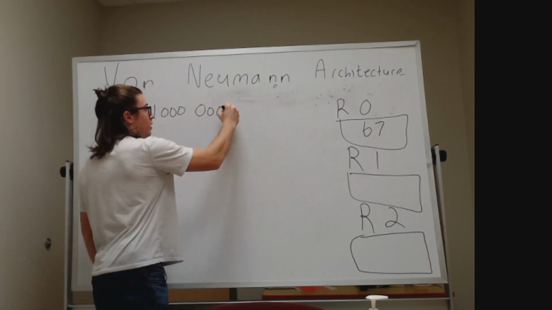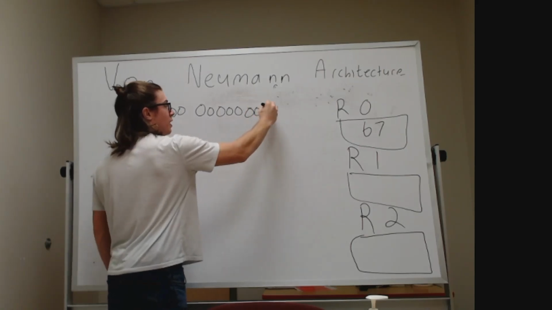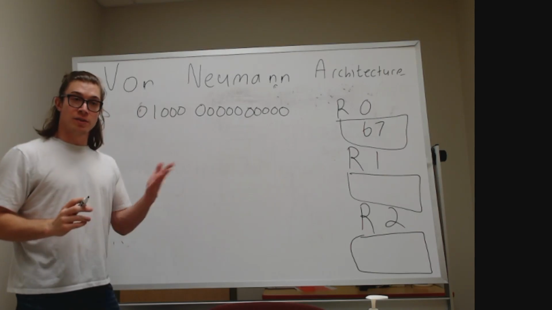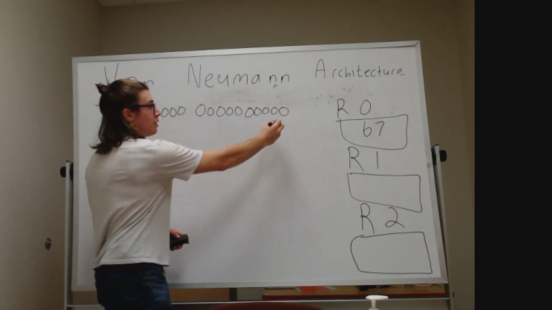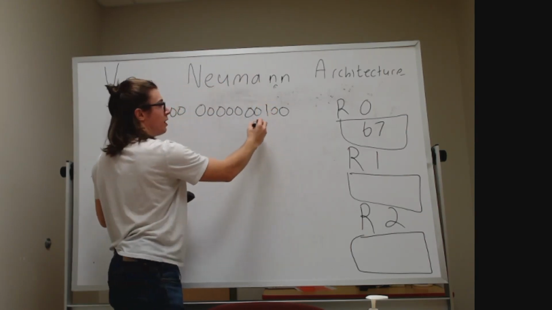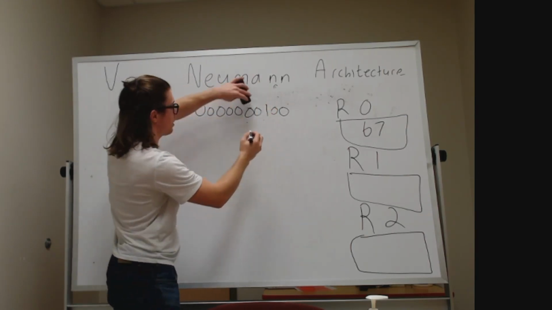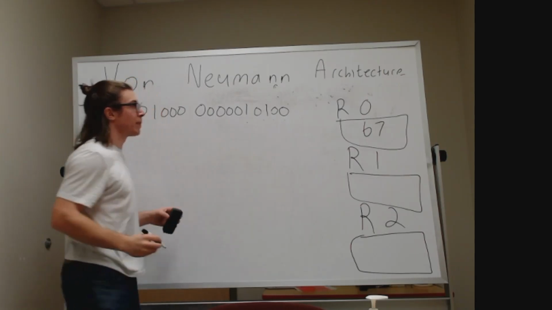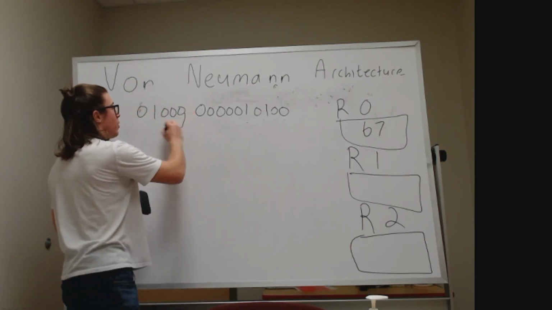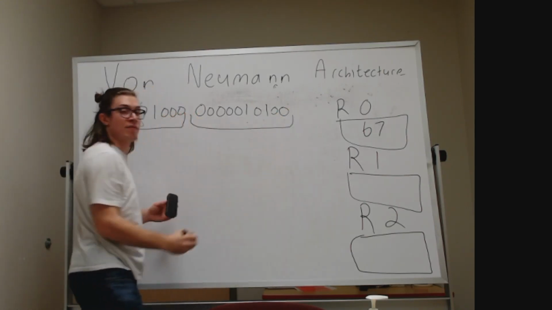So the number 20, I'm just going to write out all my bits first and then set them as I need them. So the number 20 is going to be 16 plus 4. So this is 1, 2, 4. So 4 should be on. And this is 8 and this is 16. So 16 should be on. So there we go. We have 20. All right. So this is our opcode. This is our immediate value to load.